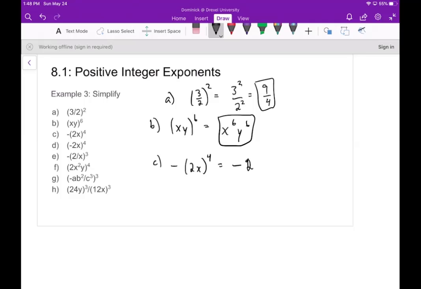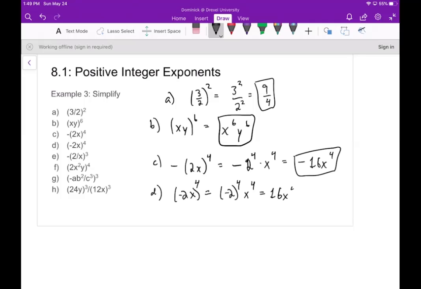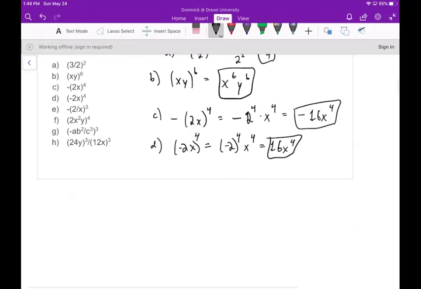But then we get 2 to the 4th times x to the 4th. So we're going to get negative 16 x to the 4th. Right? In part D, now you have the negative on the inside. So now this is negative 2 to the fourth times x to the fourth. So now this is positive 16x to the fourth. So there's another example where you want to be careful with your exponents here.